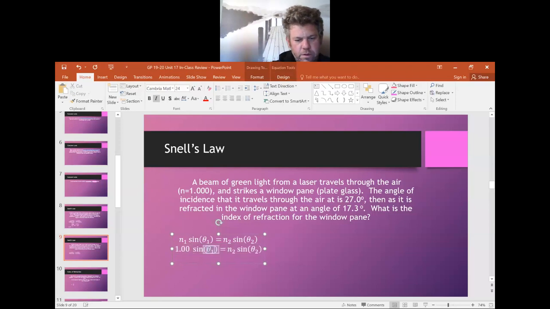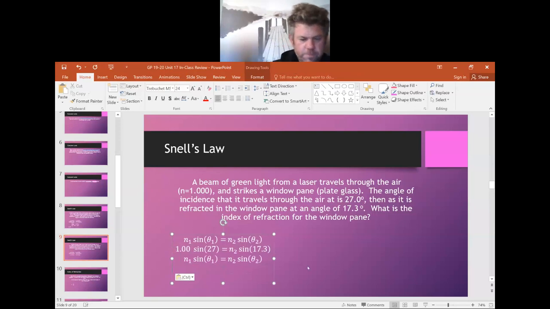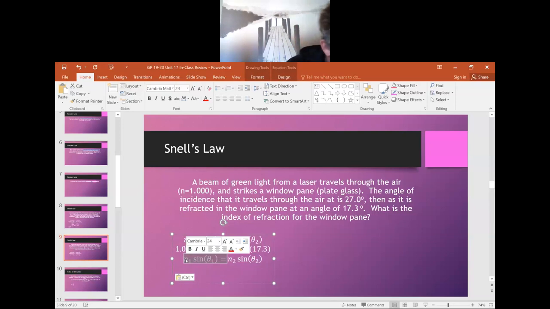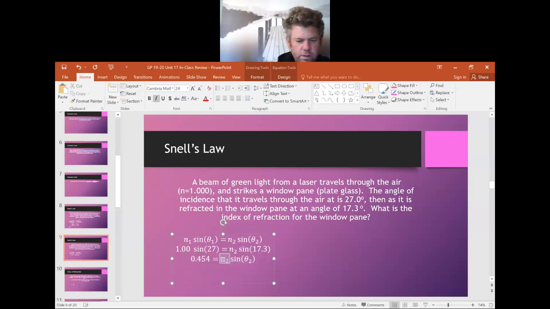So this will be 1.00. Our theta here will be 27. I don't know my n2, but I know my theta 2. Theta 2 is going to be 17.3. So what we end up seeing is the sine of 27 times 1 is 0.454, which equals n2 times the sine of 17.3.